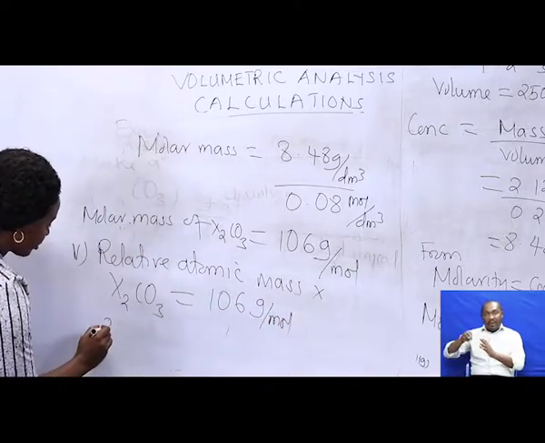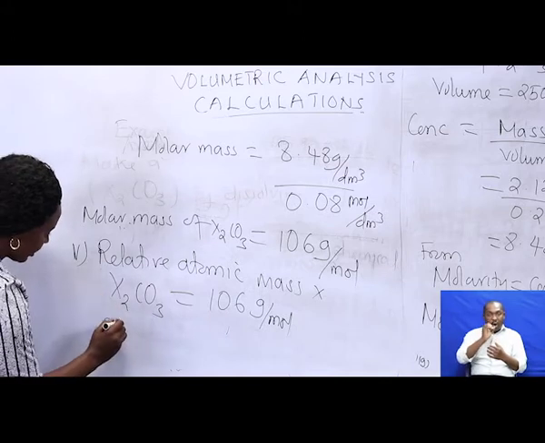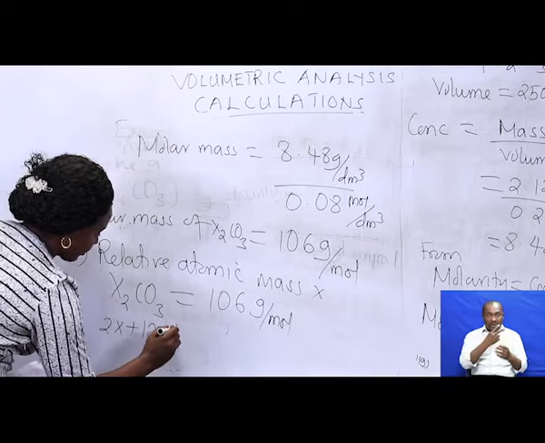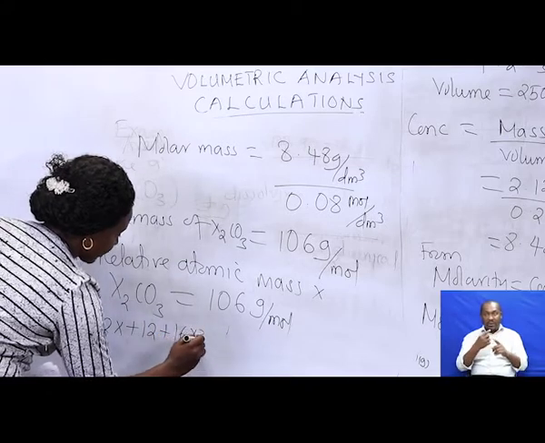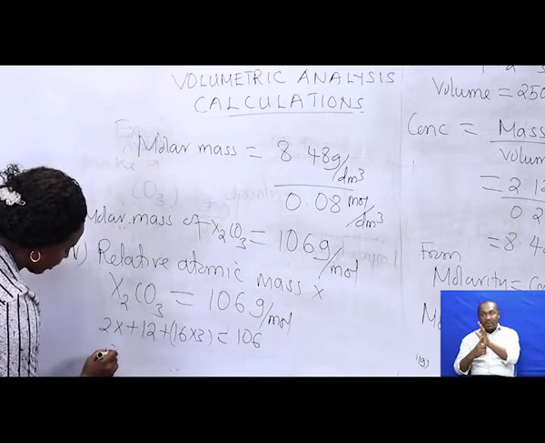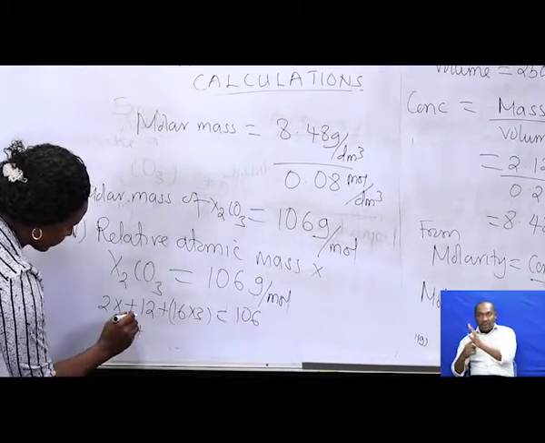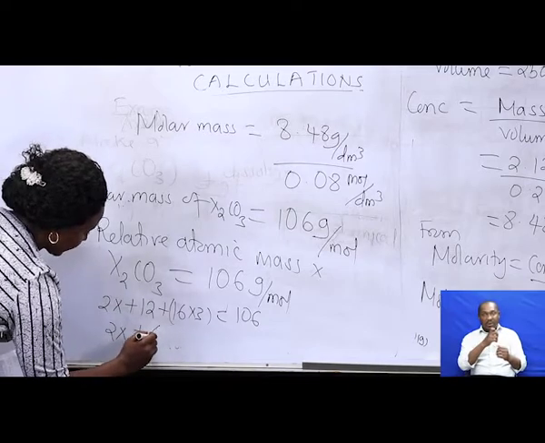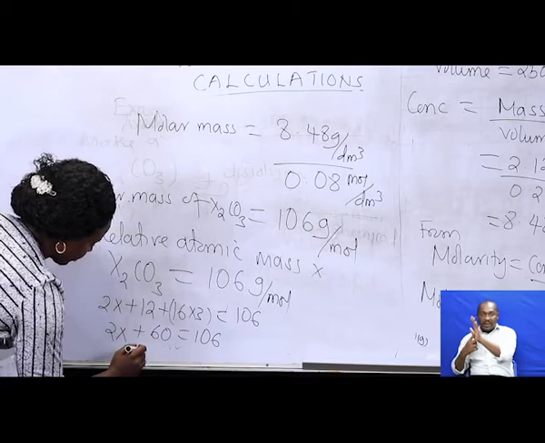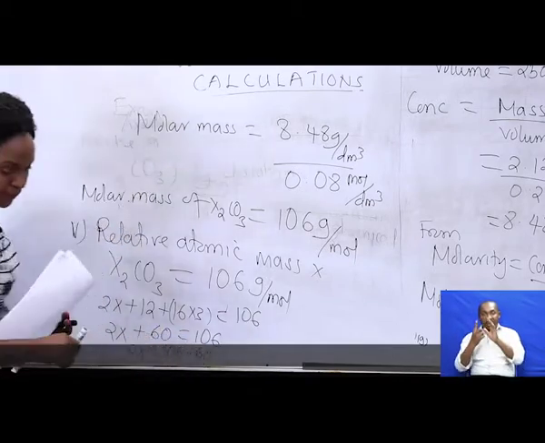So it will be 2X, the subscript becoming the coefficient, plus molar mass of carbon 12 plus molar mass of oxygen 16. How many atoms are there? There are 3. The total makes 106. X plus 48 plus 12 makes 60. You get 106. Then 2X will be equal to 106 minus 60.